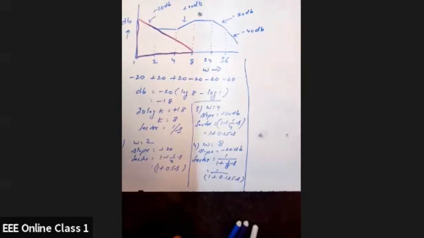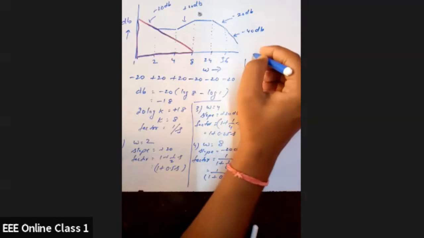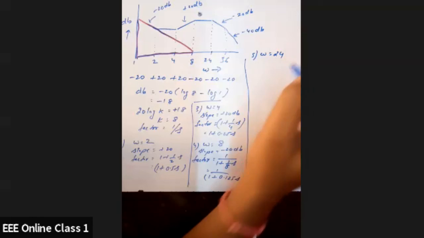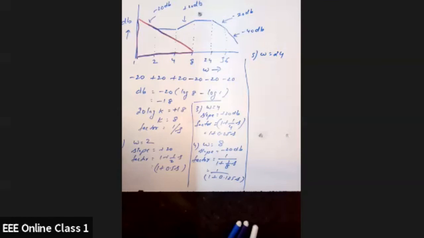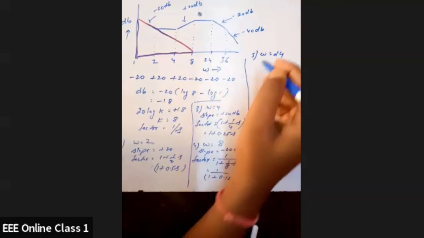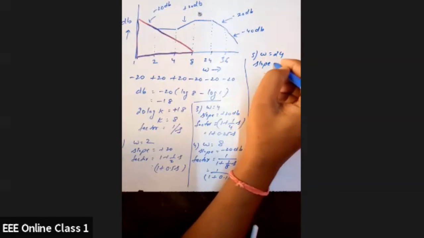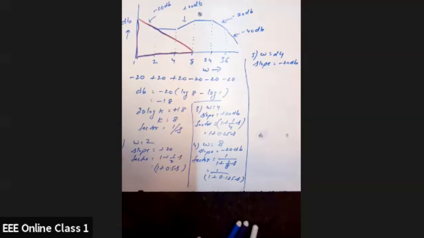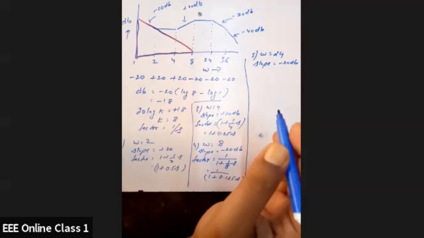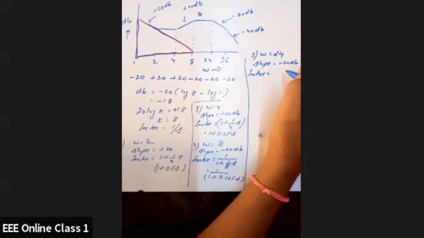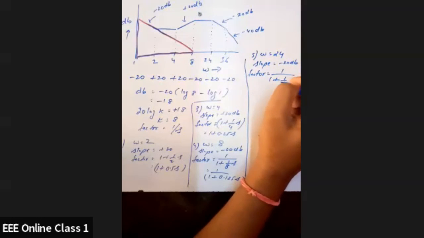Now, when omega is equal to 24, slope is minus 20 dB. So our factor is 1 by 1 plus 1 by 24 s.